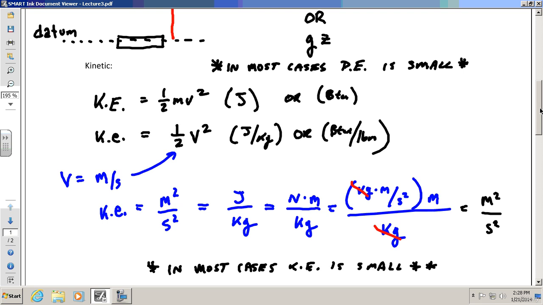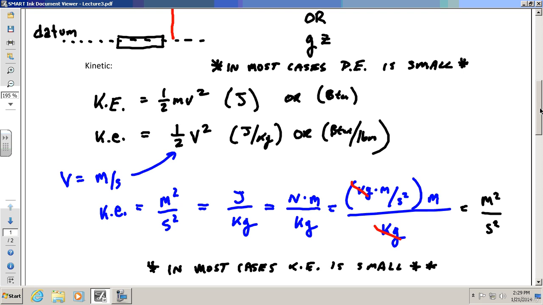But sometimes velocities are very significant. In fact, if you deal with nozzles and diffusers, propulsion devices, things like that, if you're dealing in aerospace type of applications, the kinetic energy is very significant. If you've got some kind of nozzle that has an output of 500 meters per second, it's probably significant.